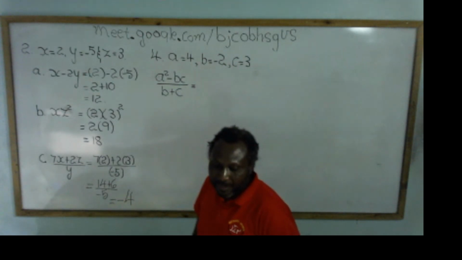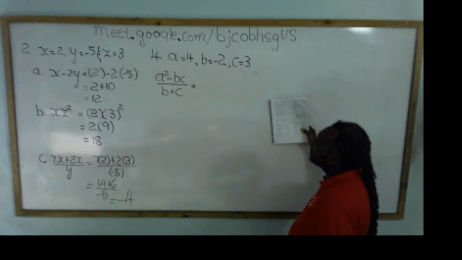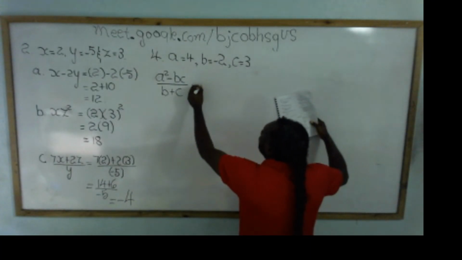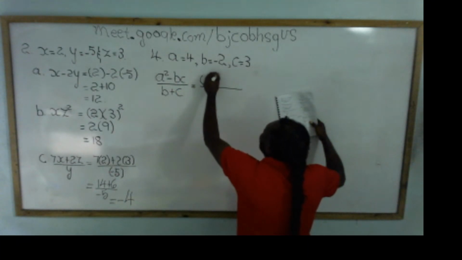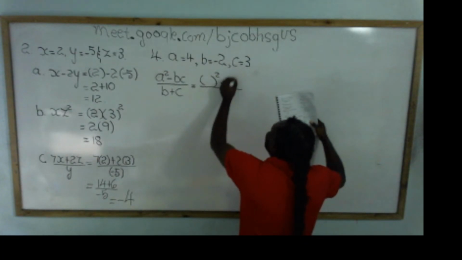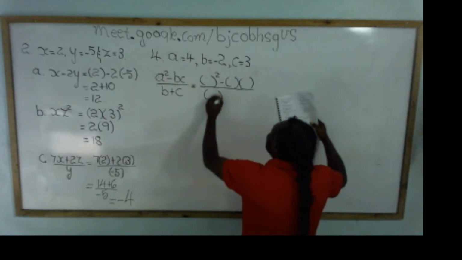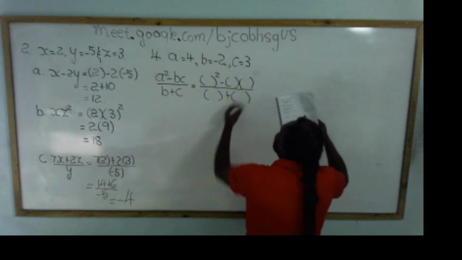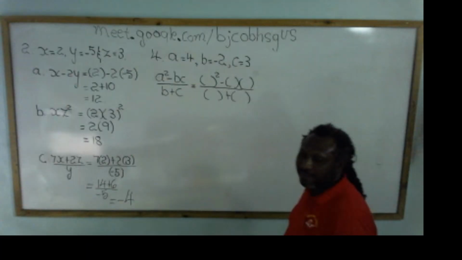All right. So let us continue. We do a template. So we have something squared minus something times something all over something plus something. All right. So what do we have?